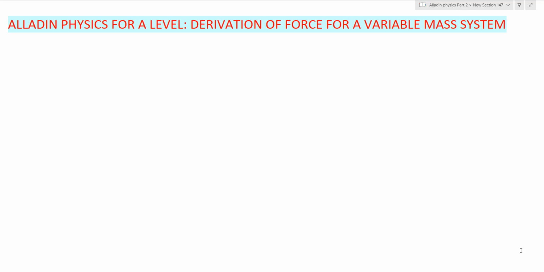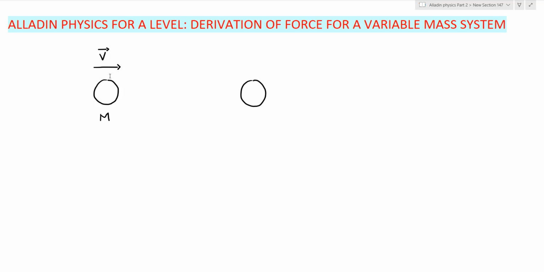And we have a lesson on the Derivation of Force for a Variable Mass System. So we are going to start with a mass, capital M, moving forward with a velocity capital V vector. Its mass emits another mass.